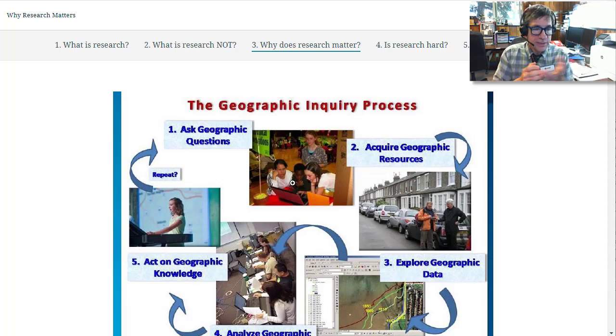Those resources could be data, it could be tools, it could be knowledge. You're exploring that data in various ways, through statistics, through mapping, through lots of other techniques, data analysis. You're analyzing it. You're coming up with conclusions about what you've learned, and then you're inspiring people to act on it.